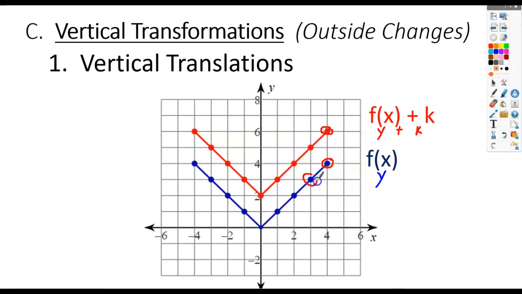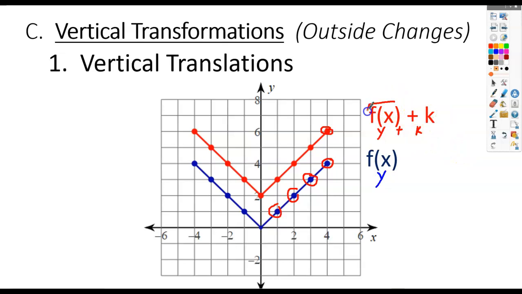If we add 2 to all of these points, then they're all going to go up 2. Like for instance, right here, this y value is 3. 3 plus 2 is 5. This one's 2. 2 plus 2 is 4. 1 plus 2 is 3. And so the result is every point gets shifted up 2 spaces on this graph because I added 2 to the y value.